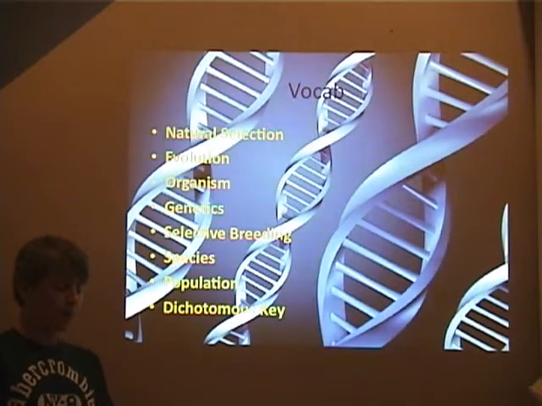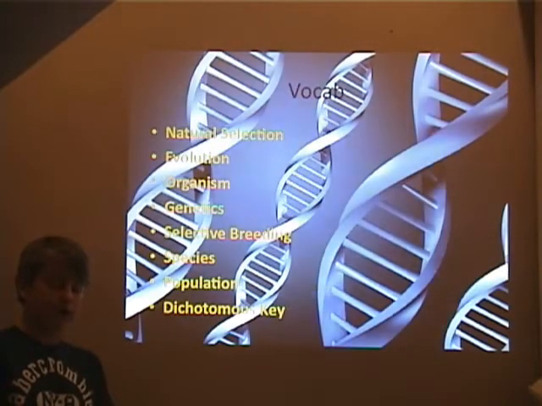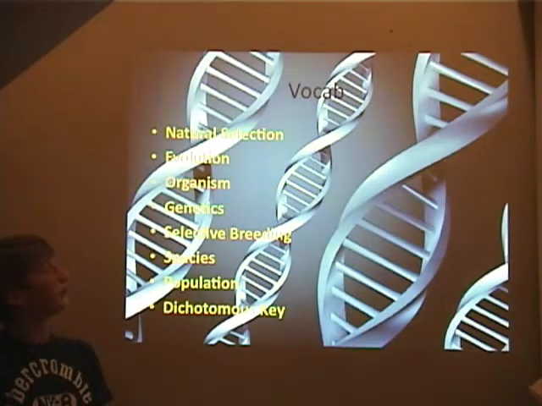And the last one, but probably the most important, is a dichotomous key, which is what we just used in the previous activity. The dichotomous key is a key used to identify a plant or animal in which each stage presents descriptions of 2 distinguishing characters with the direction to another stage in the key until the species is identified. Those are 8 key vocab terms that you should probably know.